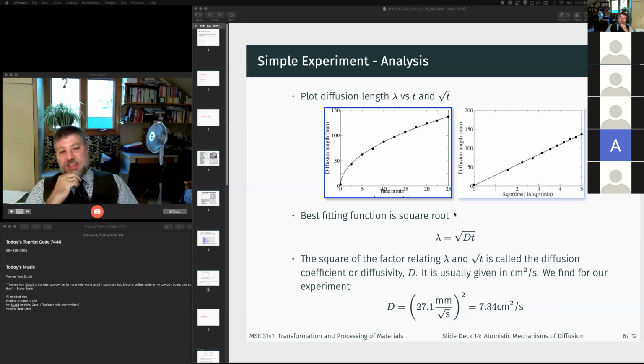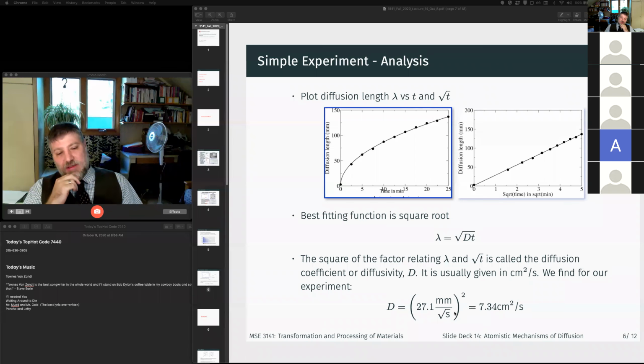So in this case, if we look at the data, we can plug it in and find that our diffusivity is just some value, usually given in something like centimeters squared per second, right?